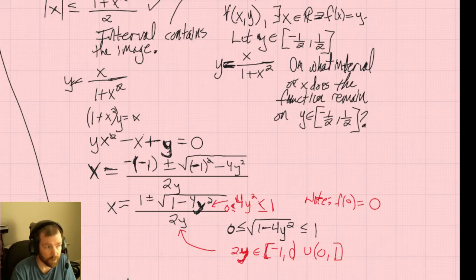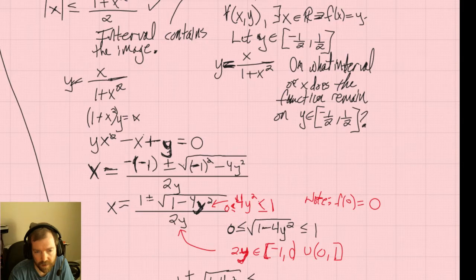Now, for the numerator, there we go. 1 plus or minus the square root of 1 minus 4y squared to be anywhere between 0 and 2.